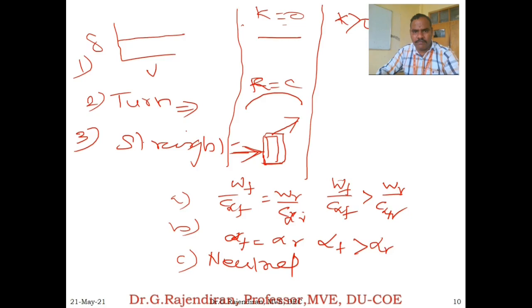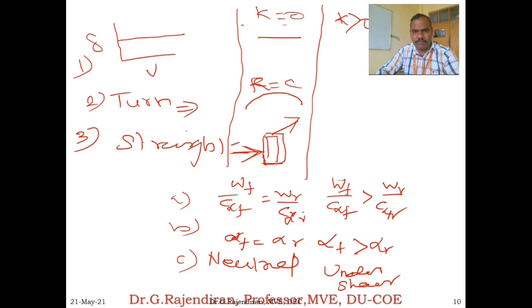Because WF is directly related to FY. Clear? FY is directly related to this weight transfer. So alpha F is greater than alpha R. So this behavior is called understeer.